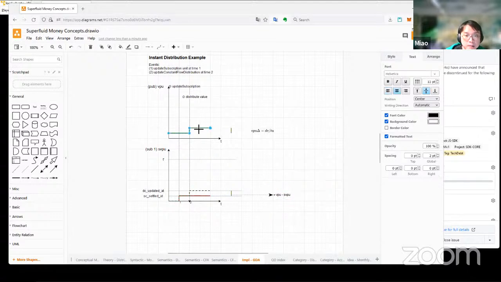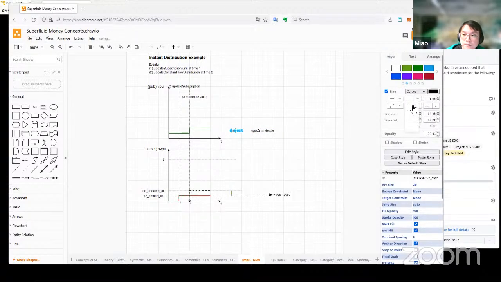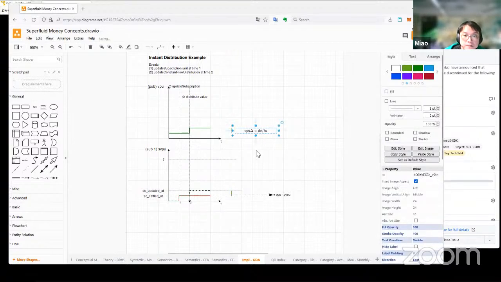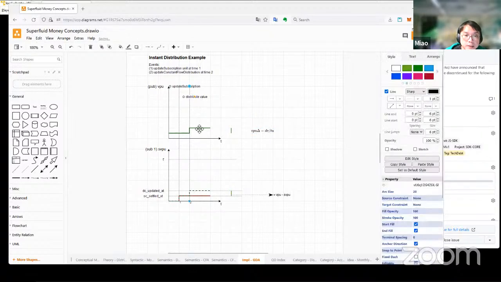But next time when the publisher does a distribution, yeah, when the publisher distributes value, then the VPU goes up.